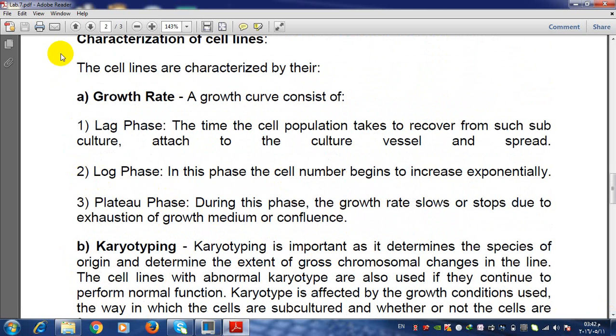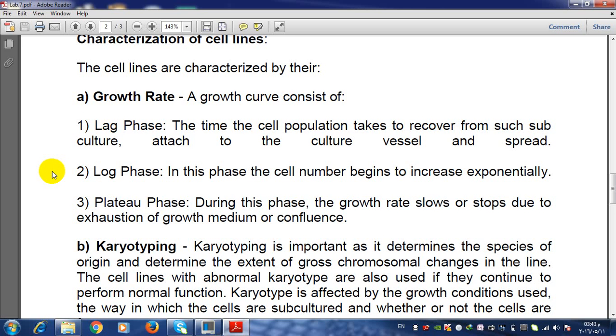Characterization of cell lines. The cell lines are characterized by their growth rate. A growth curve consists of lag phase, the time the cell population takes to recover from subculture, attach to the culture vessel and spread.